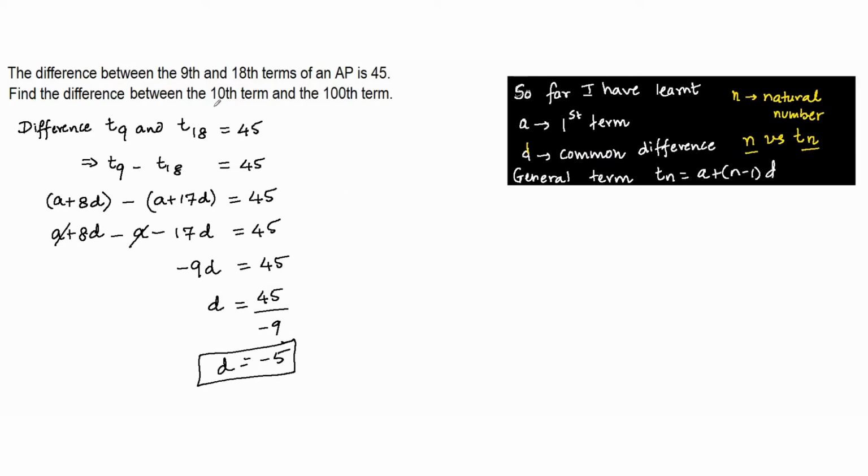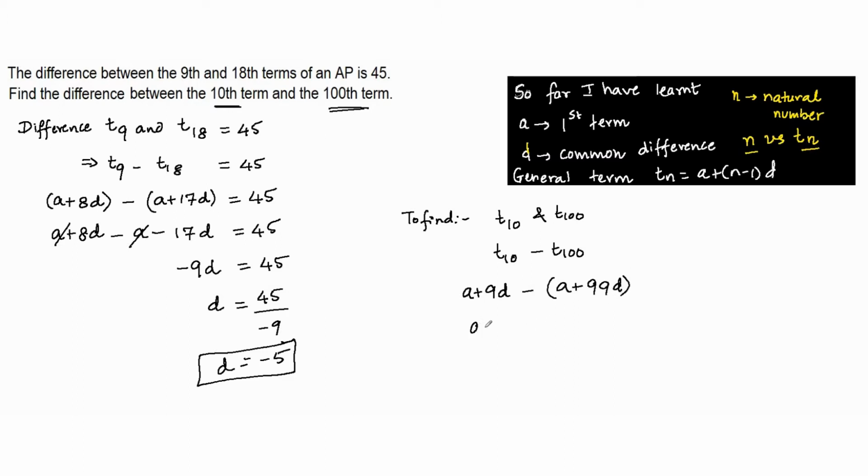Now we have to find the difference between the 10th term and the 100th term. That is, what is asked is we have to find the difference between T10 and T100. So that is, we have to find T10 minus T100. Now T10 is given by A plus 9D and T100 is given by A plus 99D.